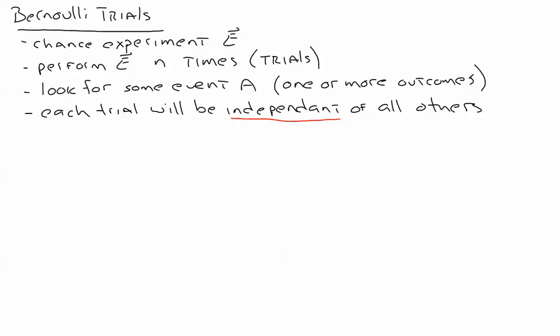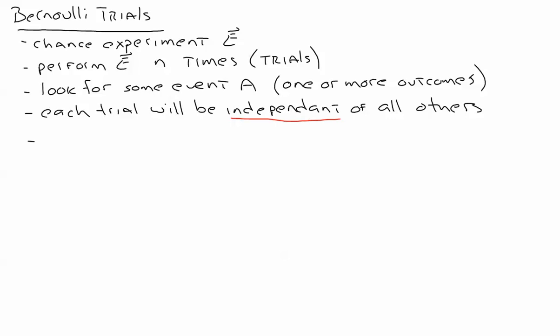We're going to have to use the notion of statistical dependence. So perform my chance experiment N times, look for some event A to occur, assume that each trial of my experiment is independent of all the others, meaning that the outcomes of any trial are independent of all future and past trials. What happens when we perform an experiment now has no bearing on what has happened in the past or into the future.